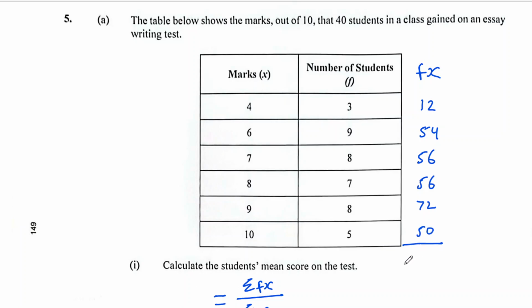And then we need to total that up, right? We also need to total up our frequency. But in this case, they give us this here. They say 40 students in the class. So when you total this up, you're supposed to get 40. Right, so we need to total up the fx, and we would get, let's see, I got this already, 300.